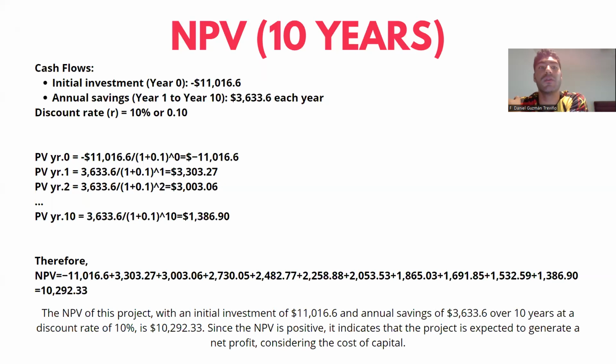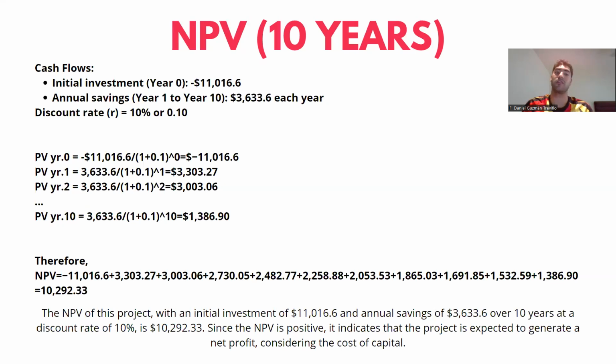So we use a formula: first, the initial investment divided by 1 plus 0.1 raised to the power of 0, because it's year 0, it would give us the same initial value. And as we progress, for the first year, we have the first saving divided by the same base to the power of 1, and we would get 3,303.27 pesos in savings.